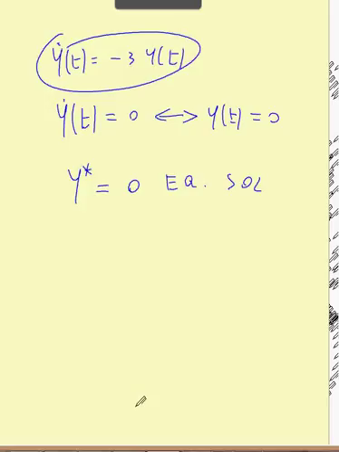This is also called the phase diagram. What is the phase diagram in this particular case? We can draw the linear relation between y dot and y. It's a straight line, okay?